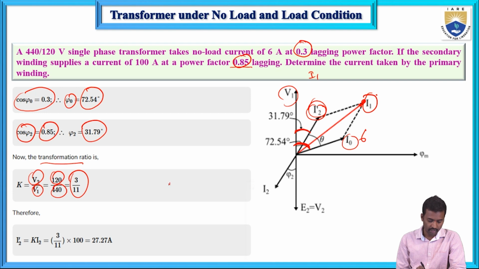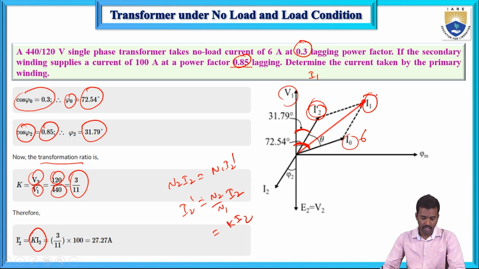Now I2 by N2, N1 I2 dash equals N2 I2, so I2 dash equals N2 by N1 times I2, that equals K into I2.